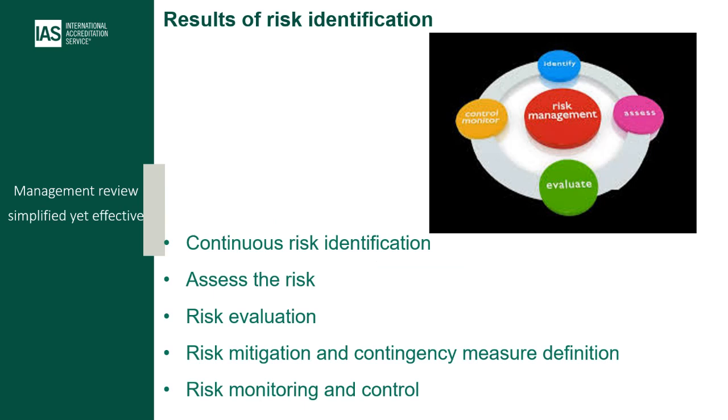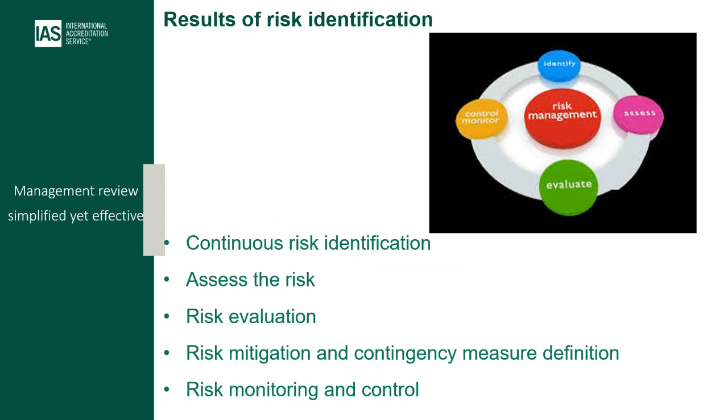Risk. So risk has become a very big word in conformity assessment, in general, and that is, you have to look at every single method that you do, or every single sector that you work in, and identify risk.